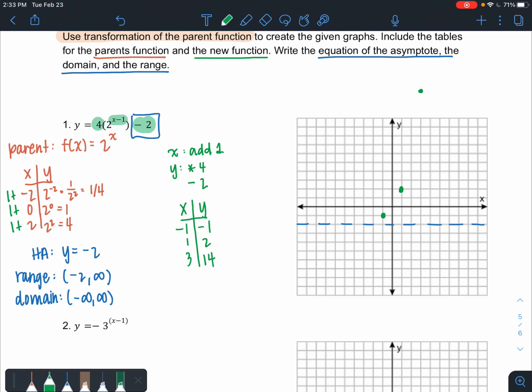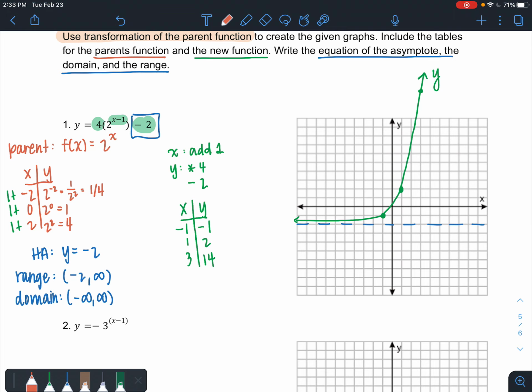And then we'll make this line approach that asymptote, and then it's going to keep going up steeply to go through those points. So there is our graph of y.